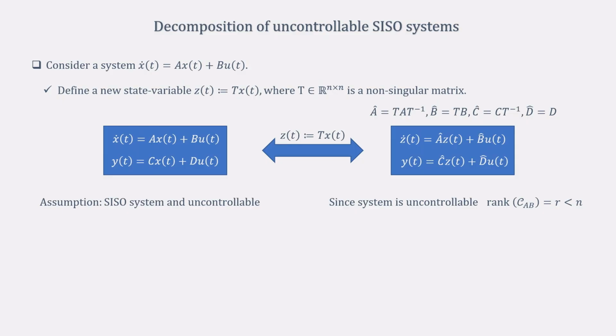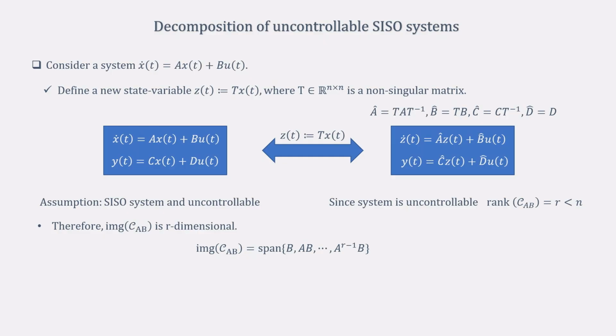Let us say that the rank of that matrix is r, which means that if I find the image of the controllability matrix, there will be exactly r basis vectors for it. The image is a subspace, because it is nothing but the column space, and since the rank of the matrix is r, it must have r basis vectors.